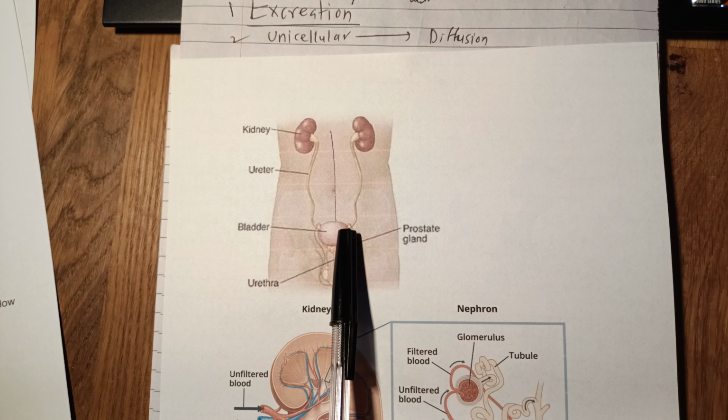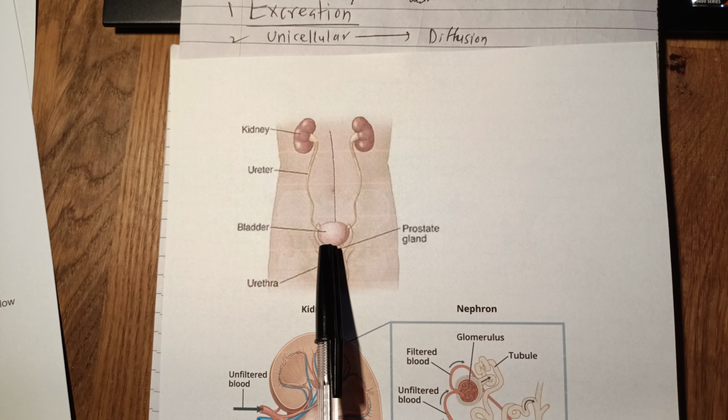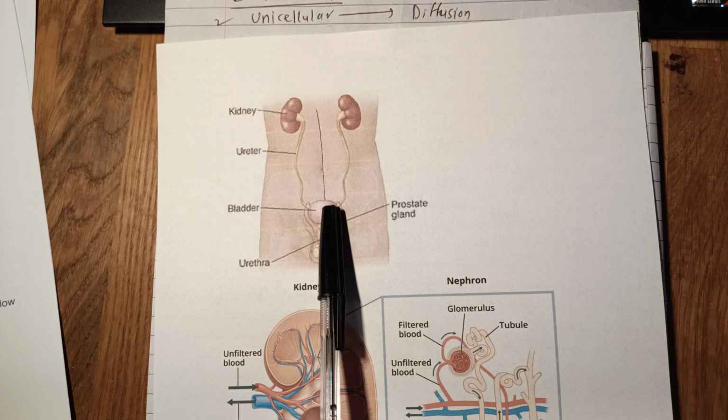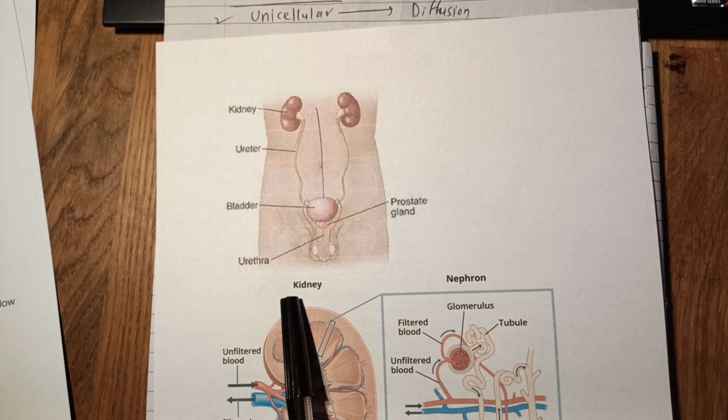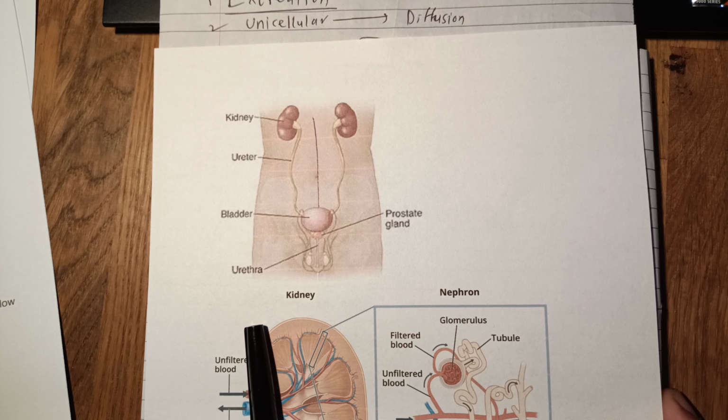The ureters transport urine from the kidney to the urinary bladder, and the bladder is a storage organ. It consists of muscles and it's a muscular organ. When the bladder fills up and goes beyond its capacity, then at that time there is an urge to pass the urine, that is urge to micturate, urge to pee.